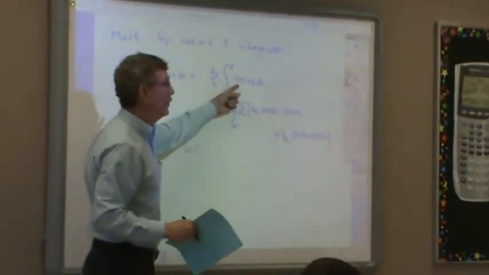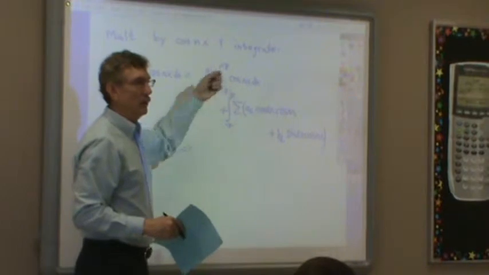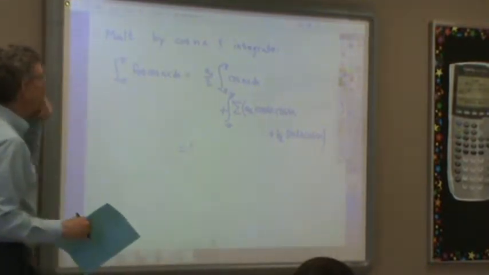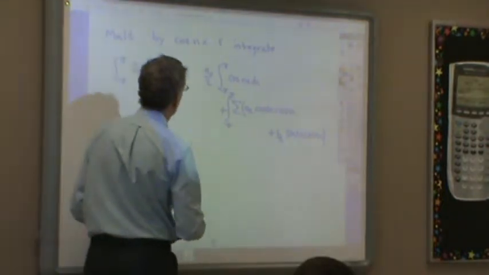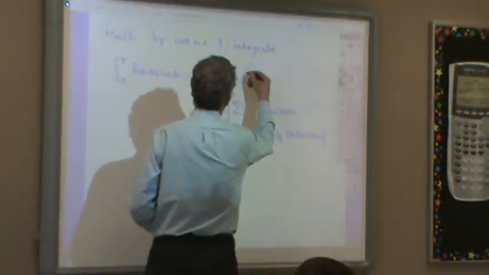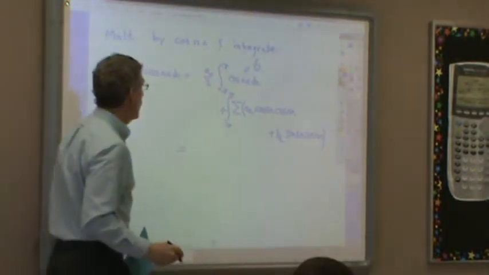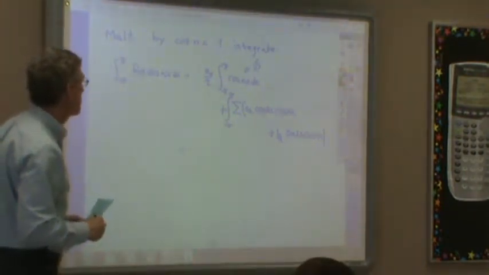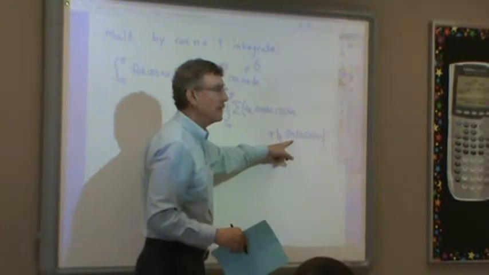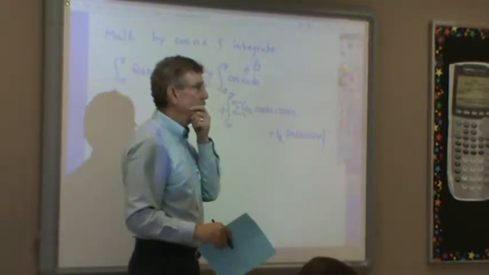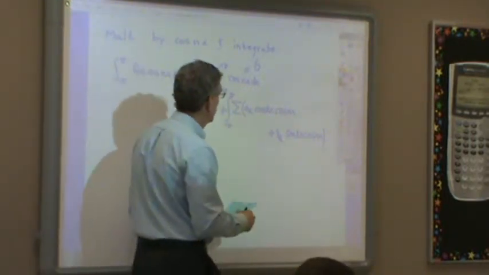What happens here? Integrate cosine nx from minus pi to pi, you get 0. Yeah, that's right. So this one here is 0. How about this one right here? Sine kx cosine nx. That one is 0.